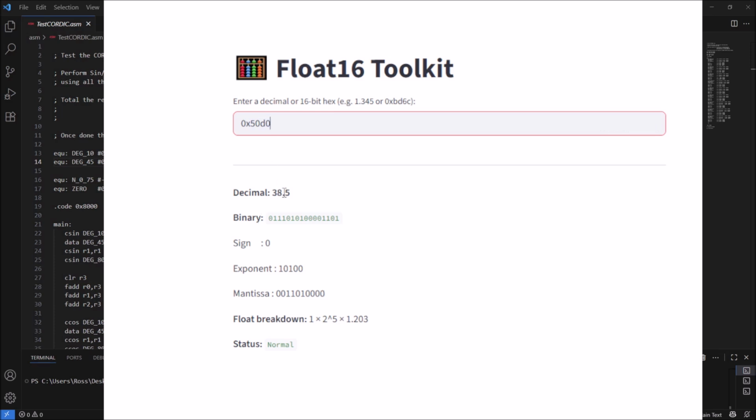So we should have got 38.5, but the output we get is 38.59. So we are accurate within one decimal place, and in fact we're only 0.04 out. So I'm very pleased that this is really quite accurate.